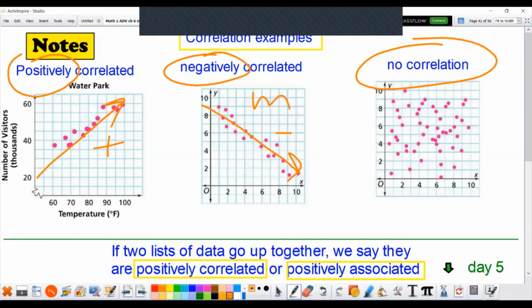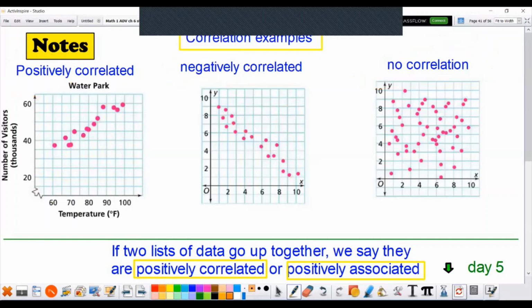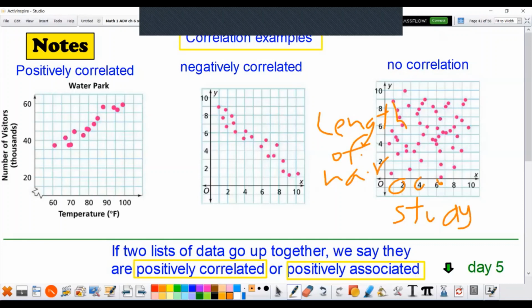All right, welcome back. How about this? I could think of something maybe like the more you study and the length of your hair. How about that? The more hours you study, the length of your hair, they don't seem connected.